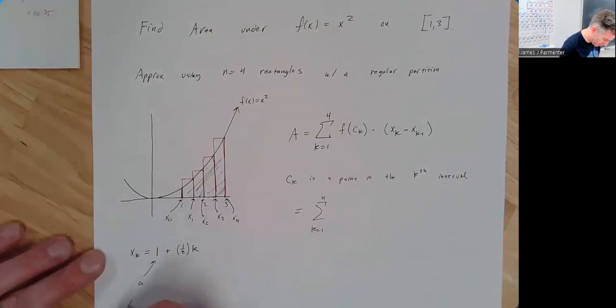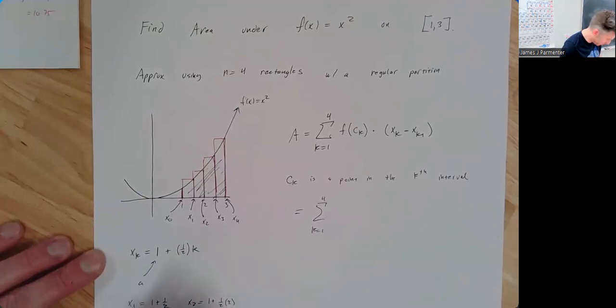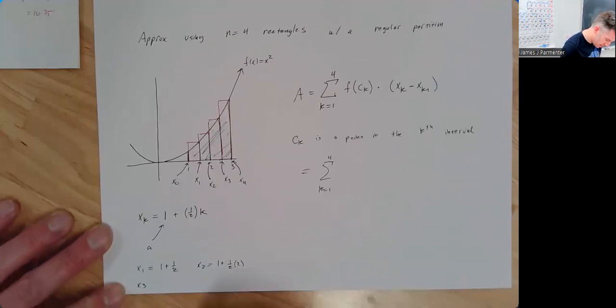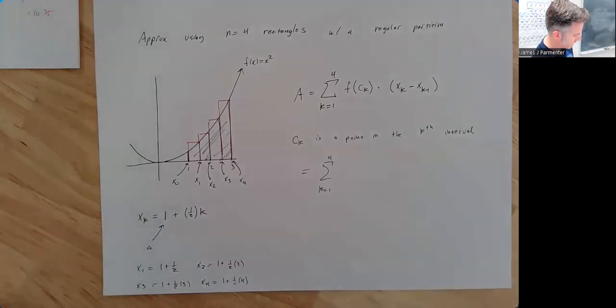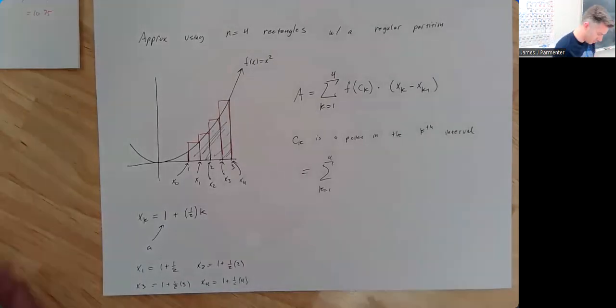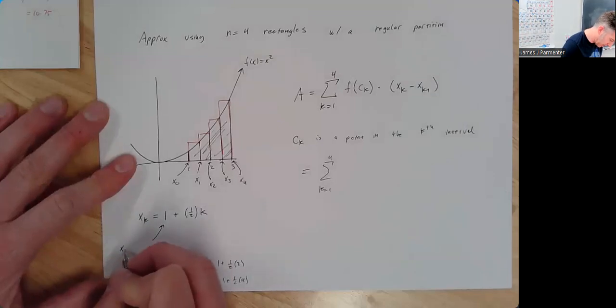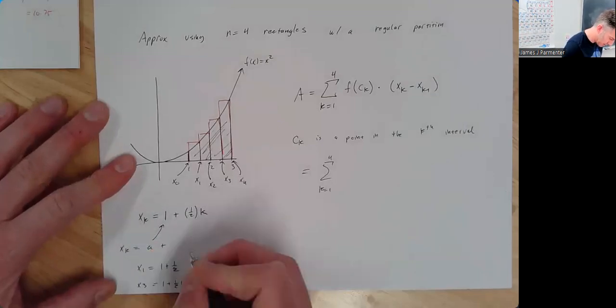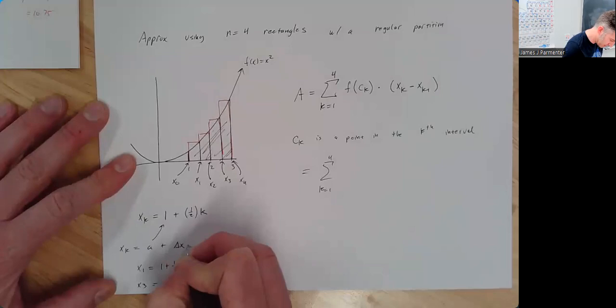So x sub 1 is 1 plus 1/2. x sub 2 is 1 plus 1/2 times 2. x sub 3 is 1 plus 1/2 times 3, and x sub 4 is 1 plus 1/2 times 4. The very general way of writing the right endpoint is that x sub k is equal to a plus delta x times k.